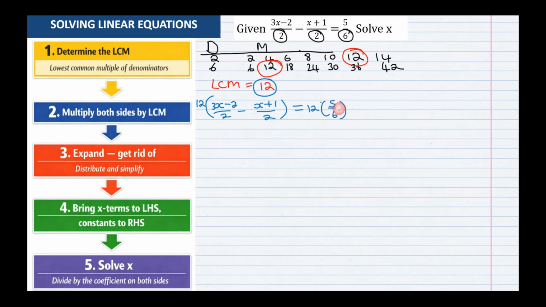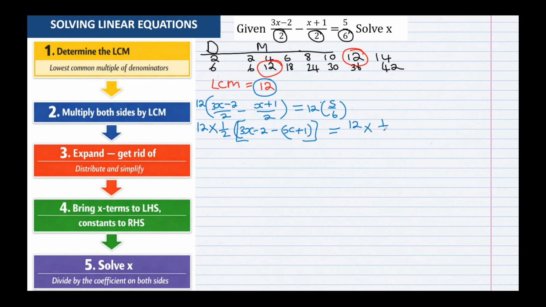But we can simplify this by factoring out a half. So we can say this will be a half multiplied by, so we factored out the half, (3x minus 2) minus (x plus 1). We'll just make this like this so it can be clear. And then we can also factor out 1 over 6 multiplied by 5, right?